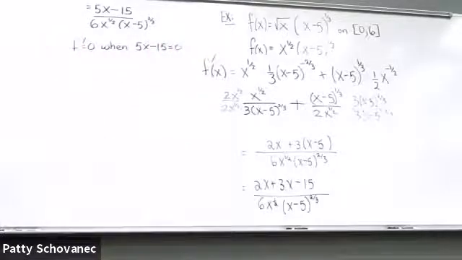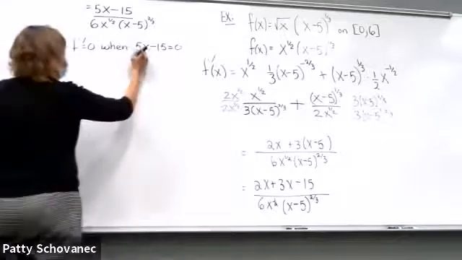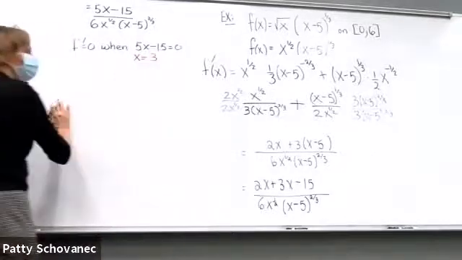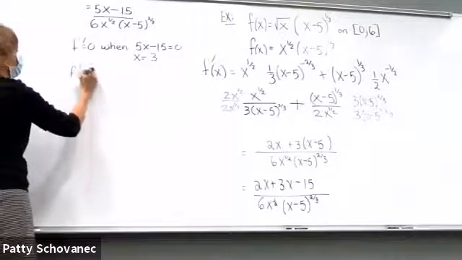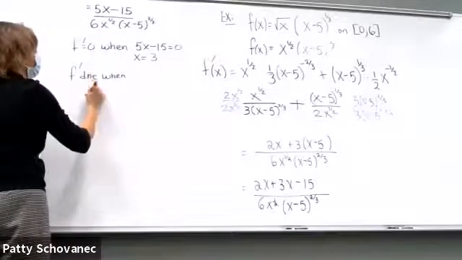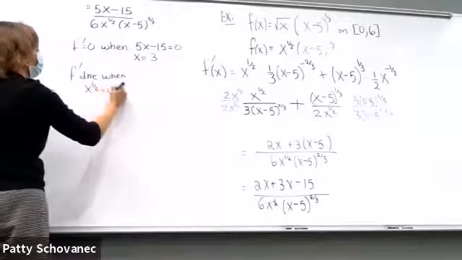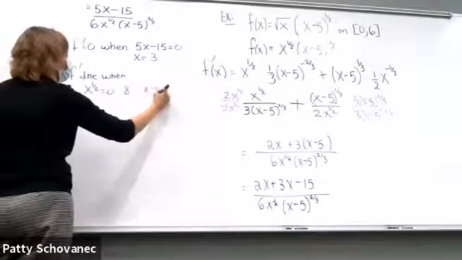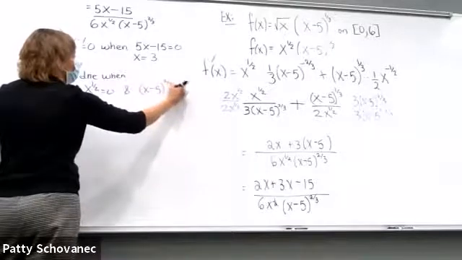So when I solve that for x, I get x is 3. F prime does not exist when this x to the 1/2 is 0 and when x minus 5 to the 2/3 is 0.